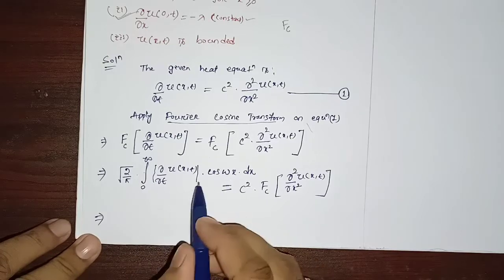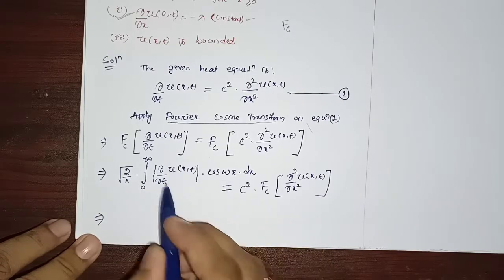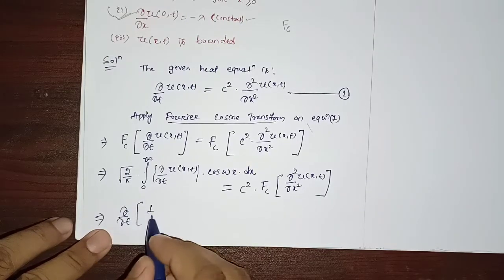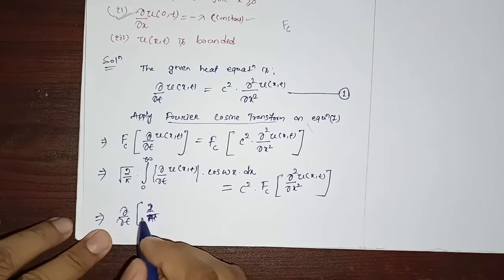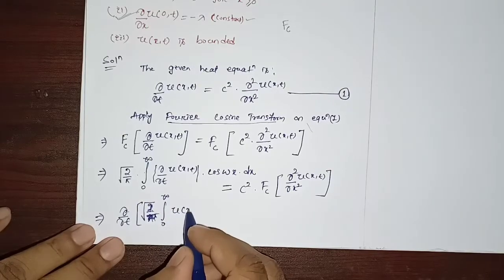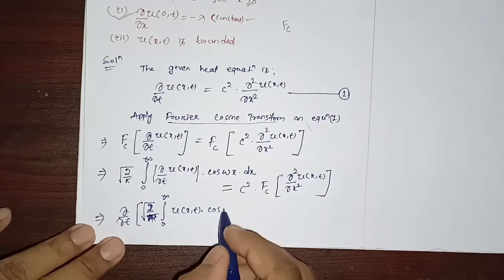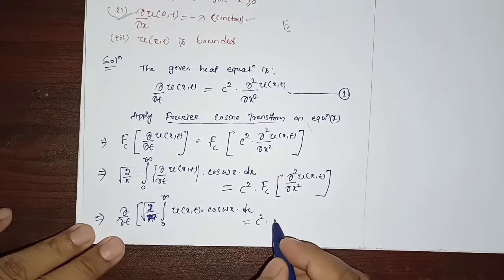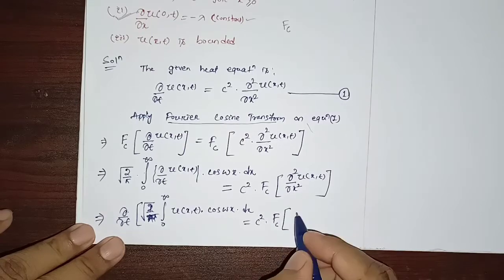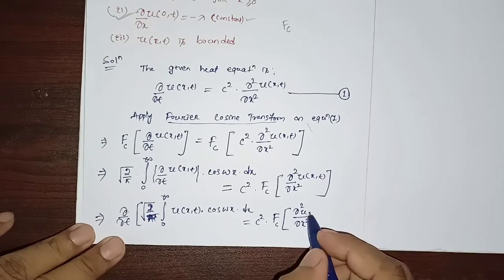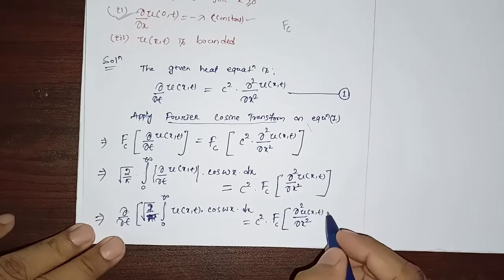Here you can see the integration is with respect to x, so ∂/∂t is taken outside: ∂/∂t of √(2/π) ∫ from 0 to infinity u(x,t) cos(ωx) dx equals c² times the Fourier cosine transform of the second derivative with respect to x of u(x,t).